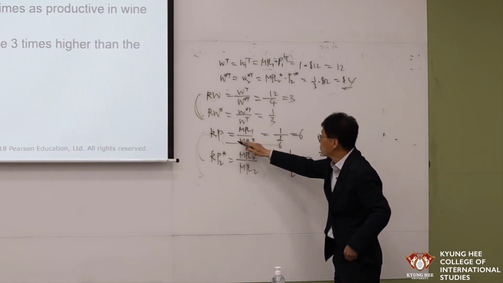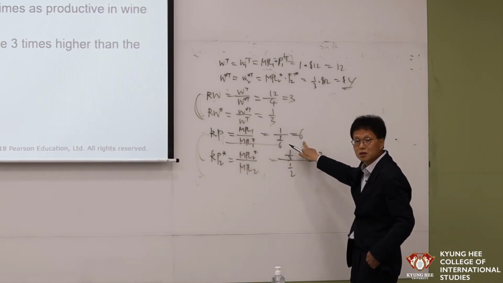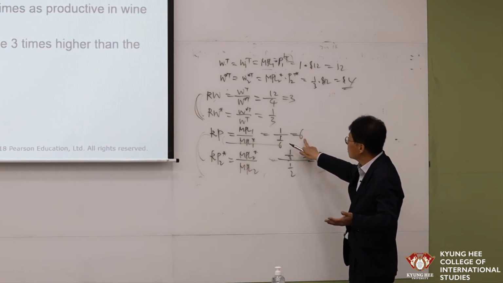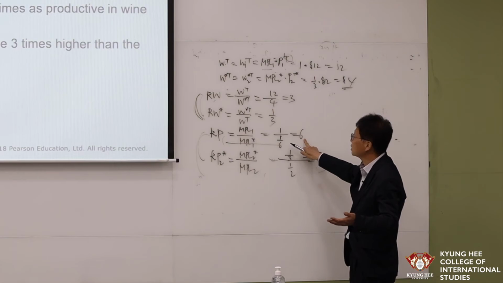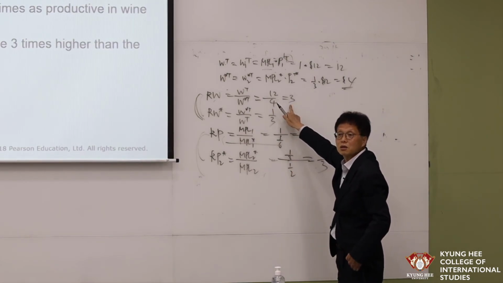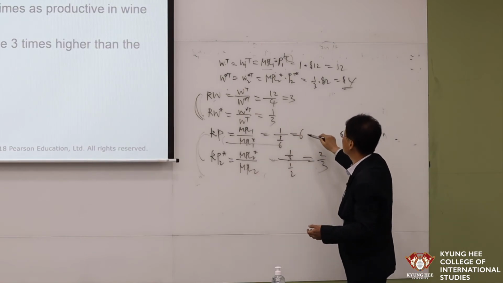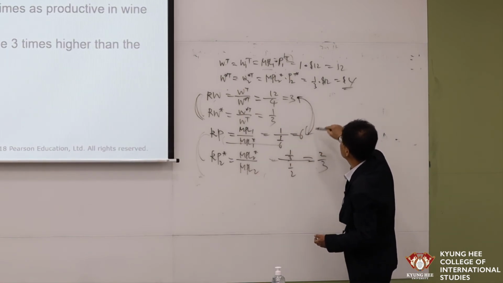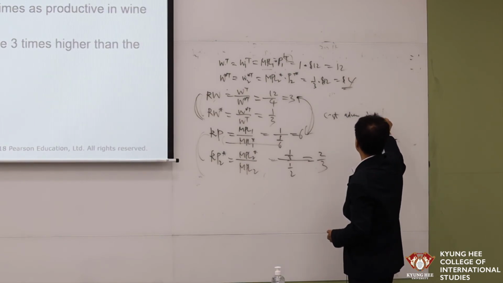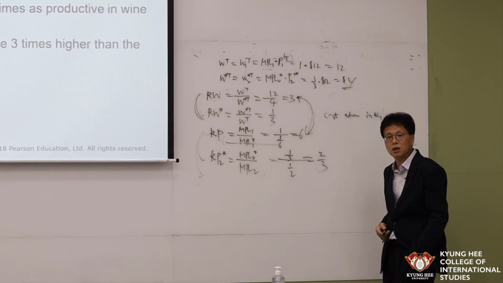This much greater relative productivity in Q1 production, 6 times higher productivity, fully compensates the higher wage rate and still enjoys a cost advantage in Q1 production. Okay?